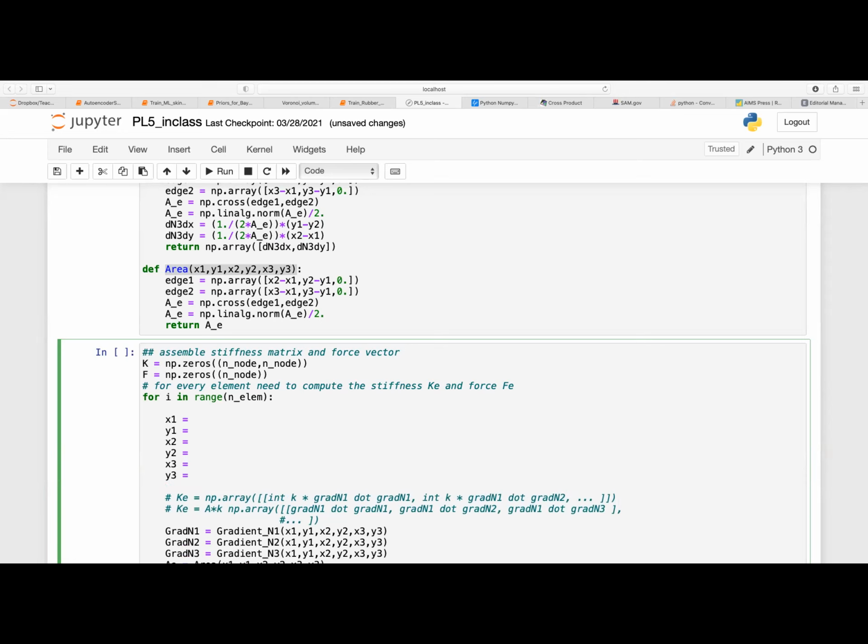But basically, where are x and y coordinates? They all are stored in the node x. So this definitely needs to read something from the node x. Every one of these needs to read something from the node x. All the x coordinates are in the 0 column, and the y coordinates are in the 1 column. And then the question is, what node should I read, right?